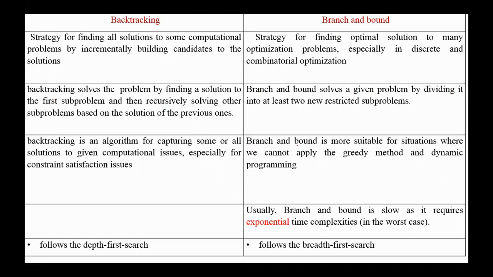Branch and bound is more suitable for situations where we cannot apply the greedy method and dynamic programming. Usually backtracking is faster than branch and bound, and I mentioned that backtracking follows the depth-first search, while branch and bound follows the breadth-first search.